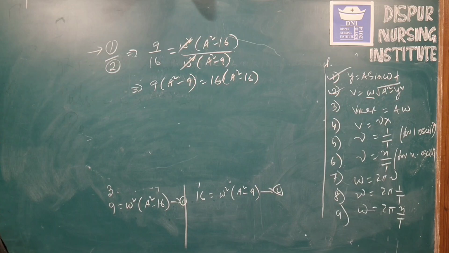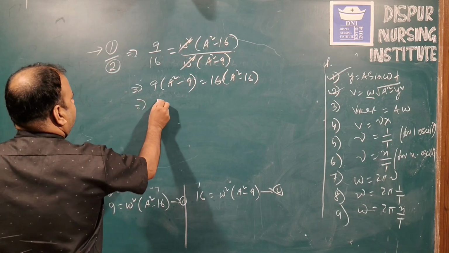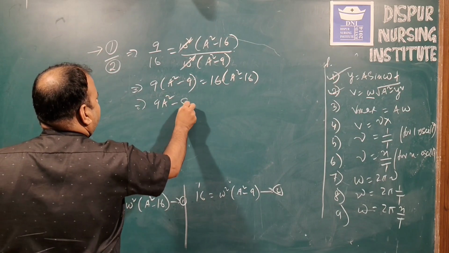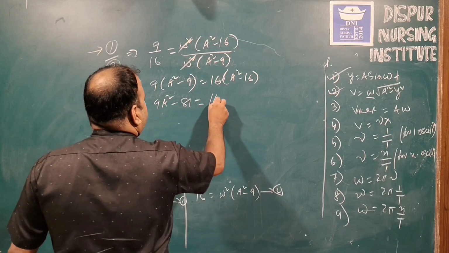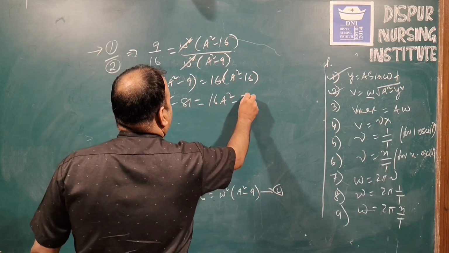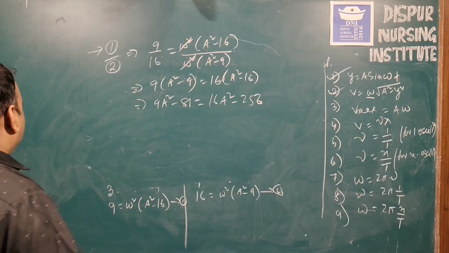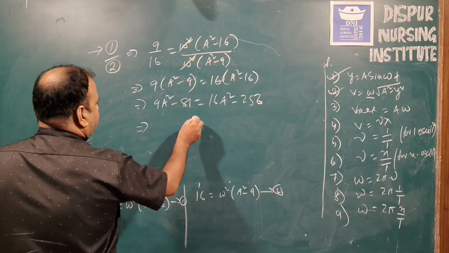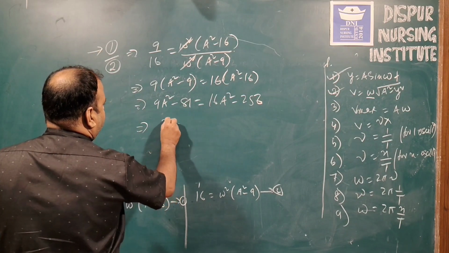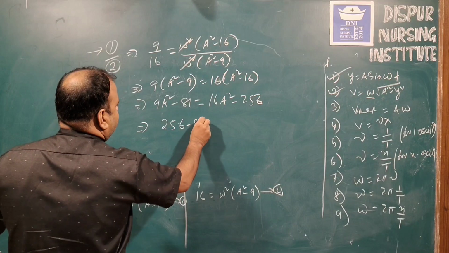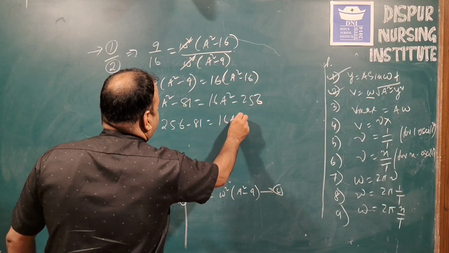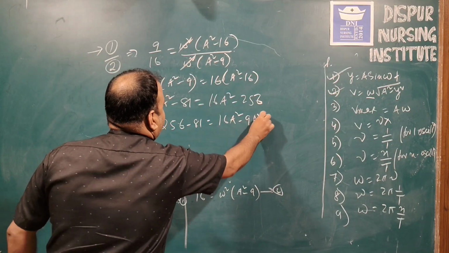So in this case you can see 9a square 81 is equal to 16a square minus 256 like this. So from the relations we can write 256 minus 81 and 16a square minus 9a square.